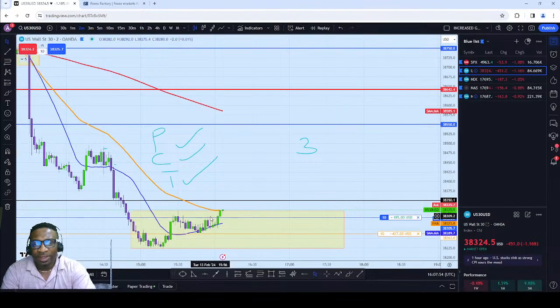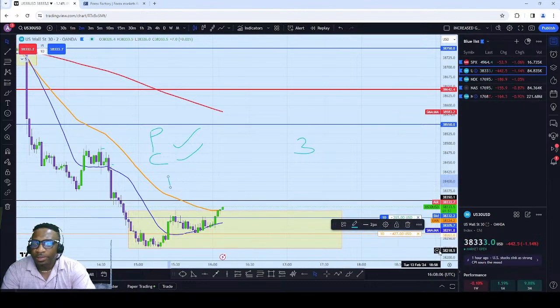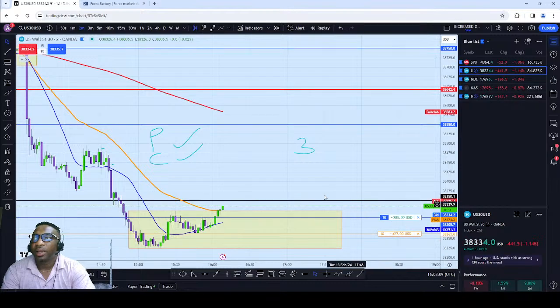But we are already in it, and it looks like it's pushing up higher. That is what we want. So let it push higher and higher. Amazing stuff happening now.